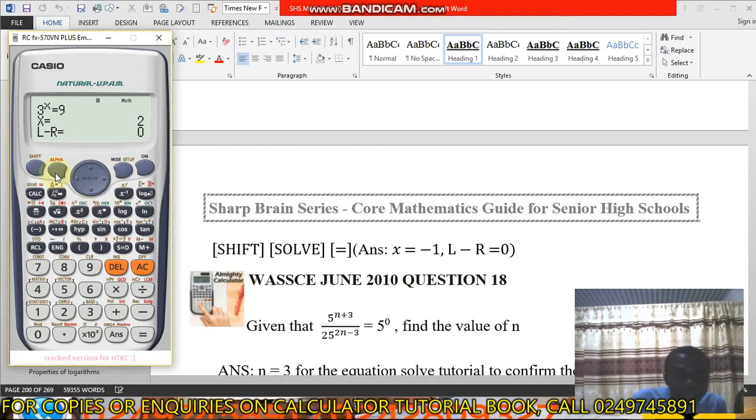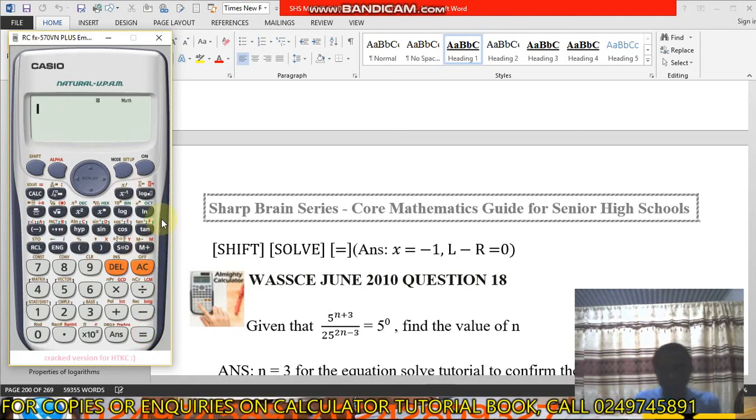We told you that you reset your calculator by just pressing Shift, then clear, the 9. It will ask you to reset all. Then you choose number 3 to reset all. Then you press the equal to, choose yes.